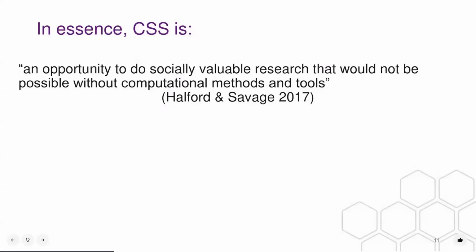So again, this is something that we wouldn't be able to do without that computational method, which is web scraping. So we use different tools, and we can use APIs to access, for instance, social media data, and we can scrape a lot of that data.